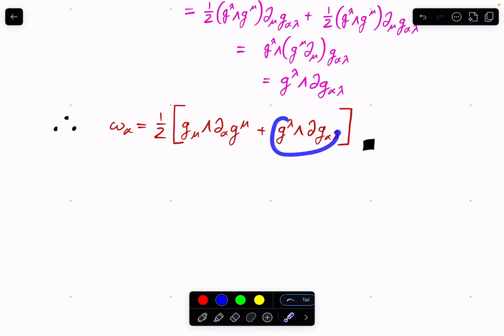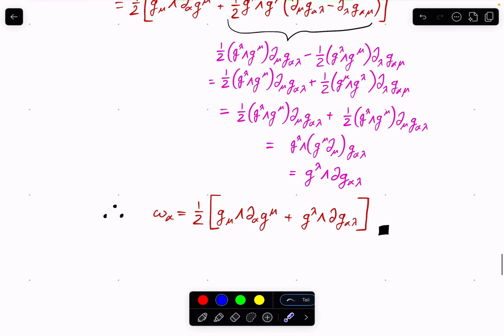And so this conceptually is very similar to what this is doing, which is that the omega alpha, which is accounting for this curvature and the connection, is taking the coordinate basis and then creating a plane of rotation with where the curvature is changing, where the coordinates are changing.